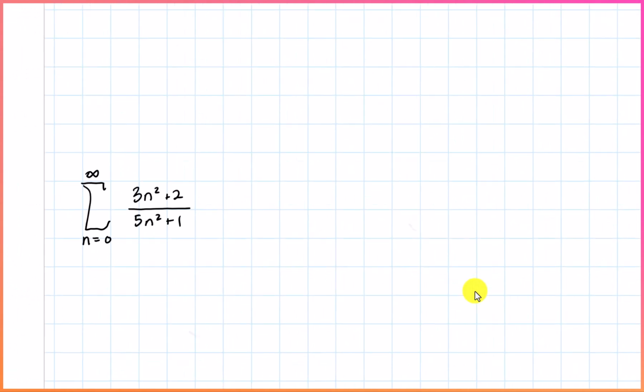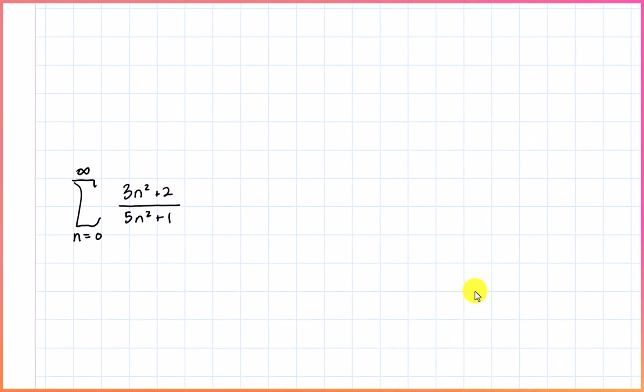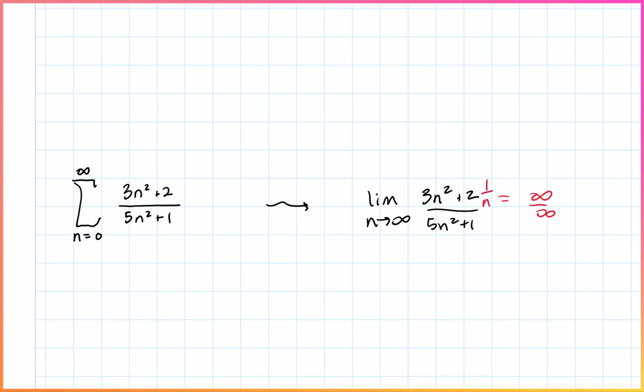Here is one, we've got a series: 3n squared plus 2 over 5n squared plus 1. A quick limit here will show that when we take the limit of these terms, 3n squared plus 2 over 5n squared plus 1, that, of course, is infinity over infinity. But let's go ahead and do that 1 over n squared.